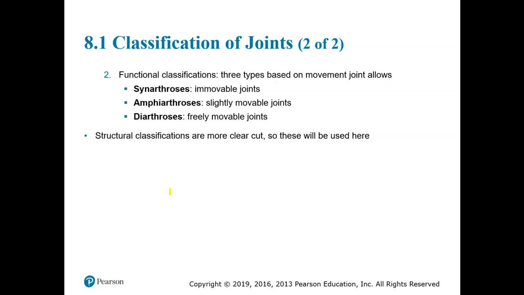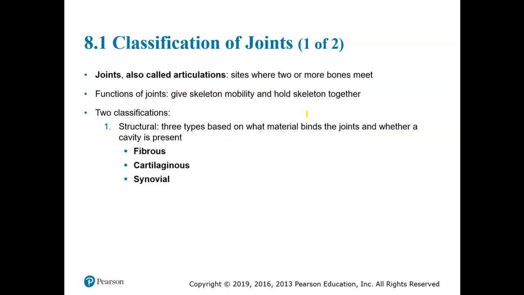Then when we look at the functional classifications of joints based on degree of movement, there's three. There's synarthroses, which are immovable, and the sutures of the skull are examples. Amphiarthroses are slightly movable. These two can either be fibrous or cartilaginous.